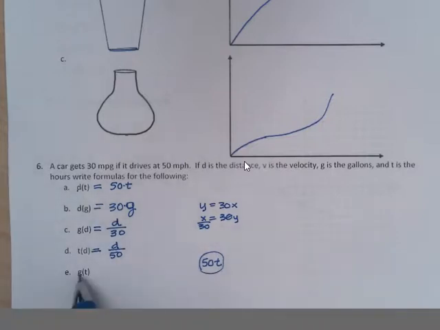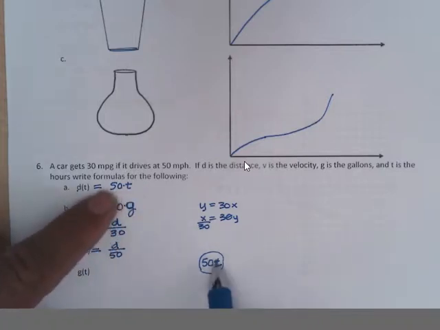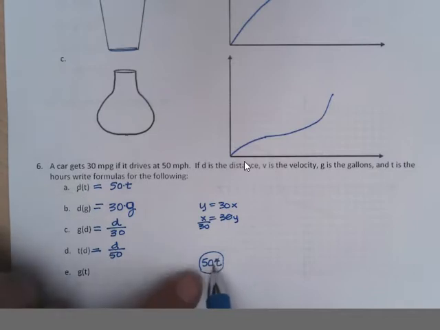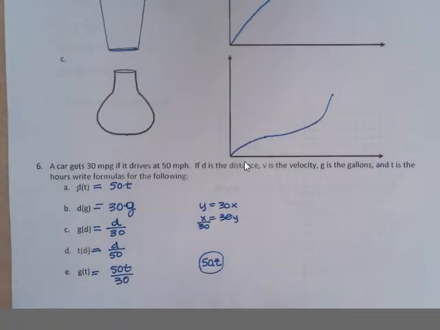I want to get g. To get g from a d, I have to use this. So I put this in place. This is what d is. 50t is d. So I put this in place of the d, and I get 50t divided by 30 tells me the gallons.